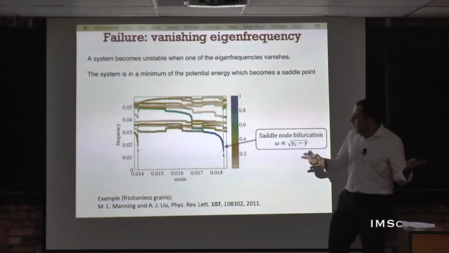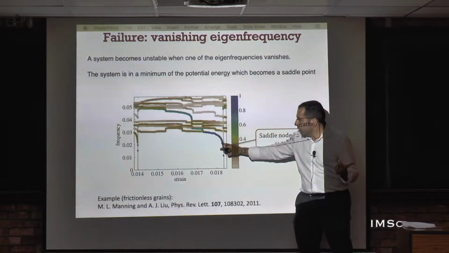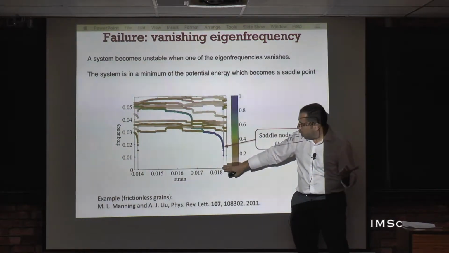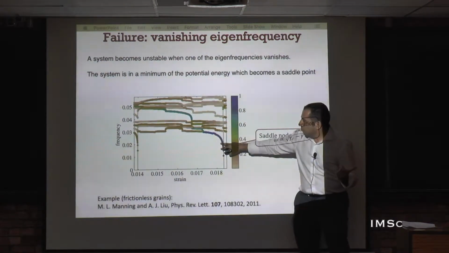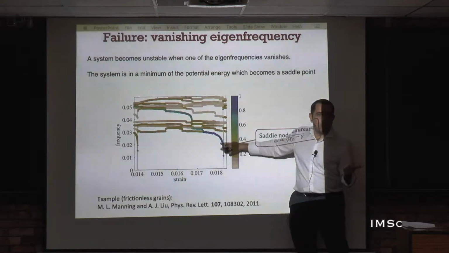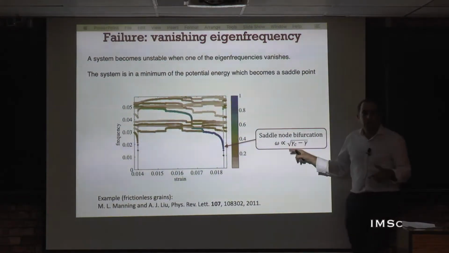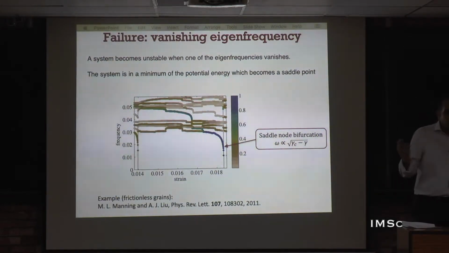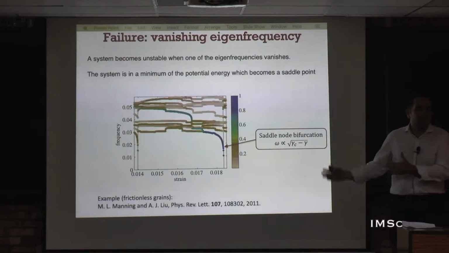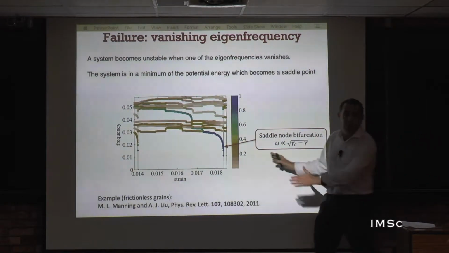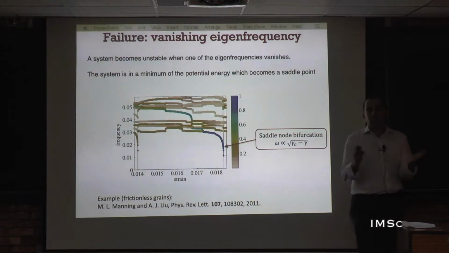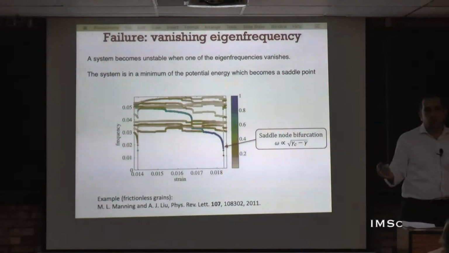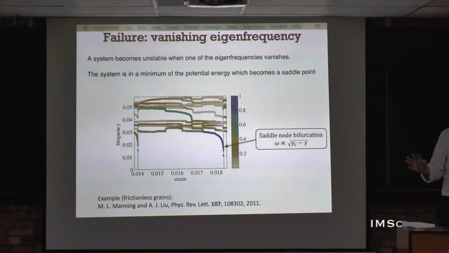Well, in theory, yes, because if you are here, you look at the eigenvalue, the system has not yet failed, but you can see this critical behavior, so you can make a fit and try to extrapolate. The practical relevance of this is questionable, because in experiment it's not that easy to get the modes and make the fit. This is a critical behavior, so it's just very close to the transition point. It's not clear that this is really useful, but at least you understand what's going on.